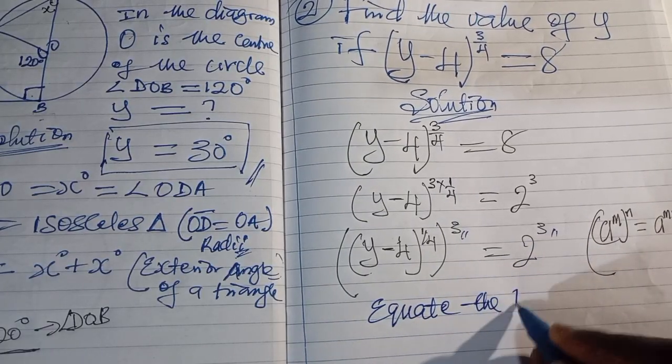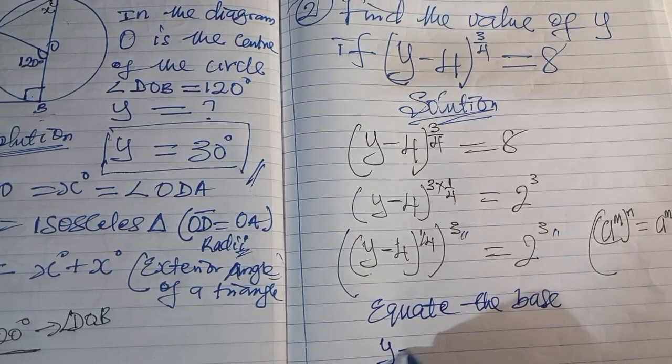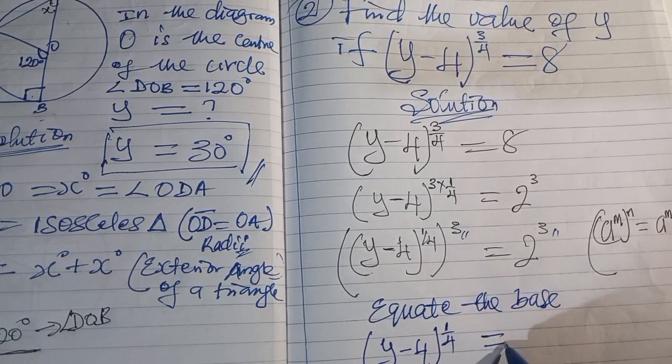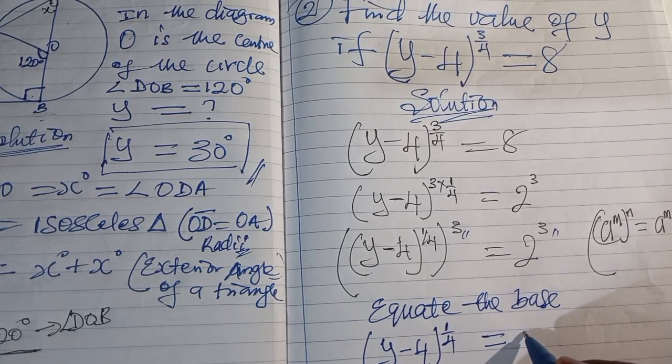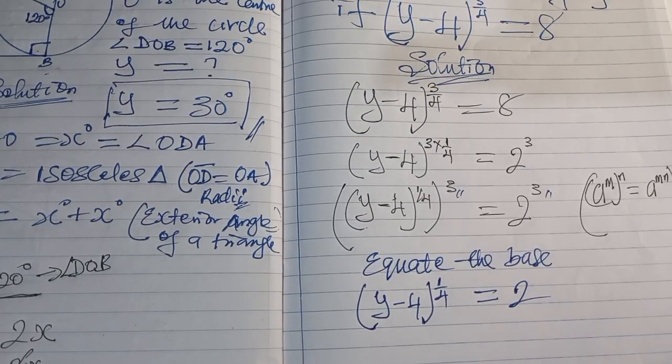Equate the base. Good. So y minus 4, all raised to power 1 over 4, is equal to 2.